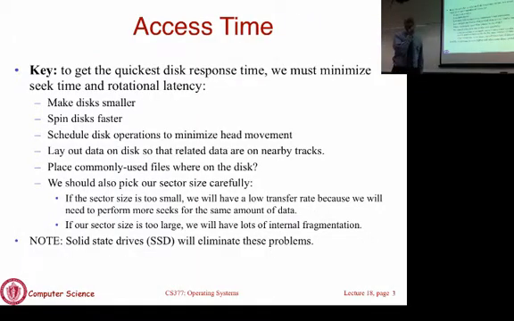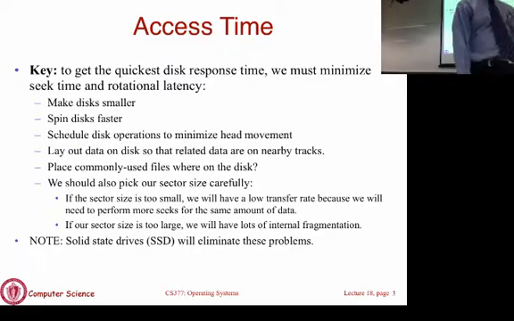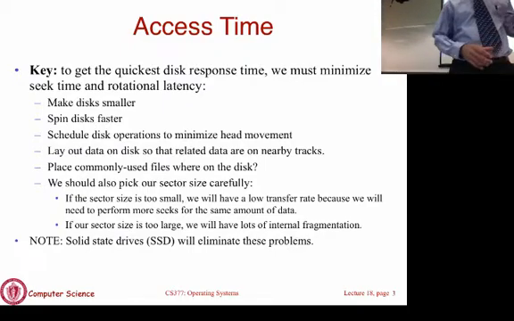Okay, so here are some ways by which you can reduce the seek and rotational latency overheads. Some of these are technology improvements, where you can't do anything as far as the OS is concerned, and some of those are OS optimizations. You can make the disk smaller. For instance, instead of a 3.5 inch platter, you can make a 2.5 inch platter.